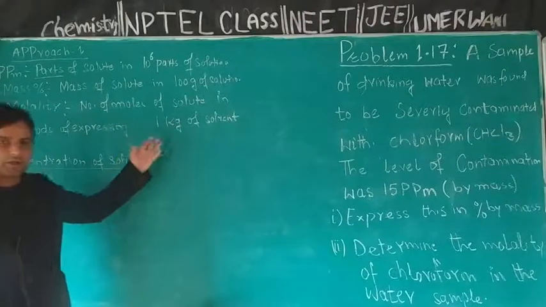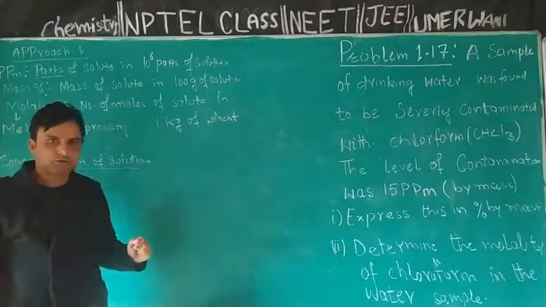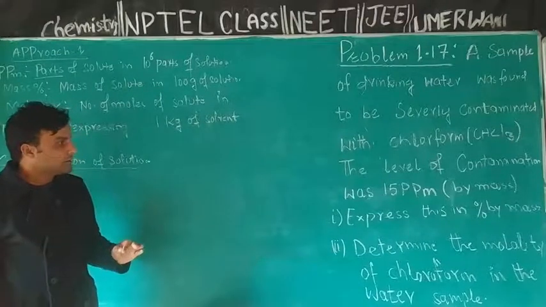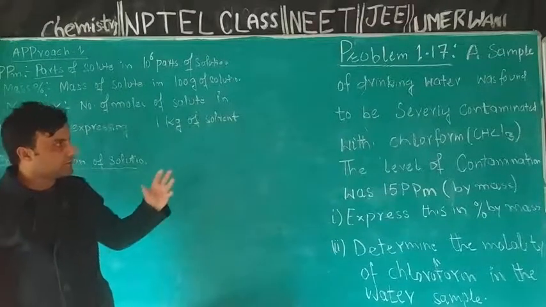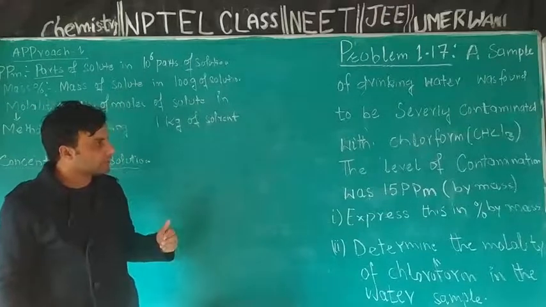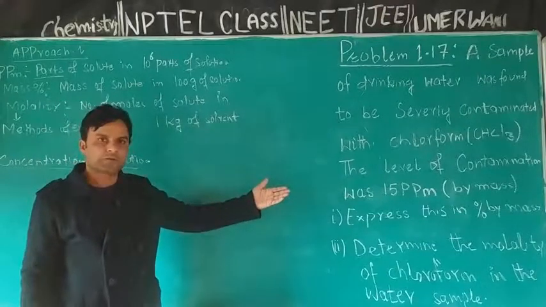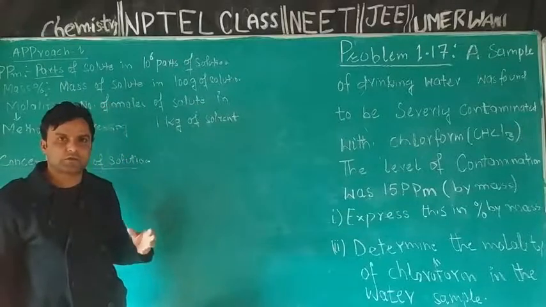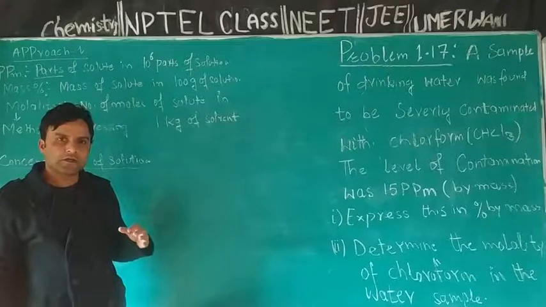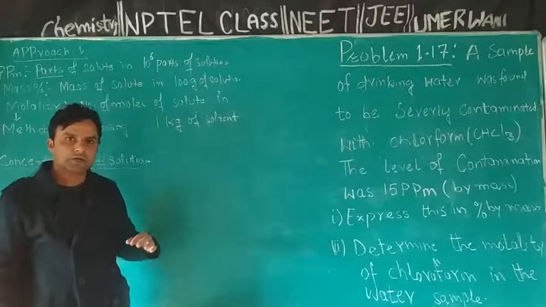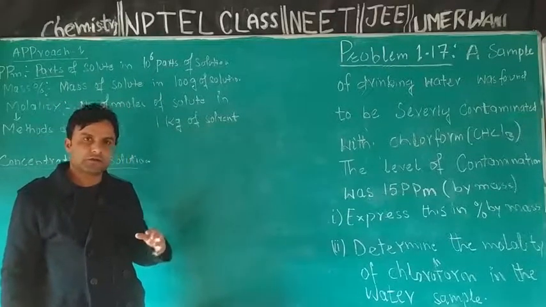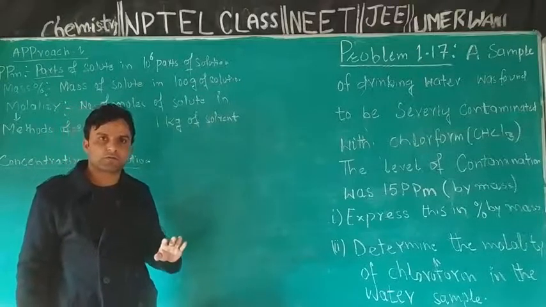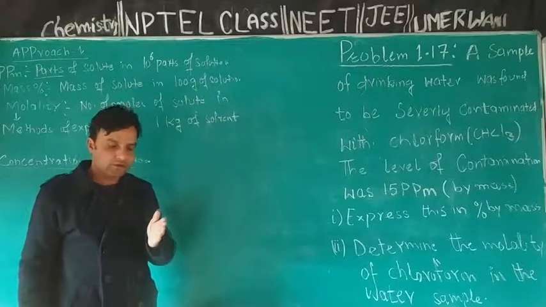And one more idea I wish to convey to you: solutions in which solute is present in parts per million are very dilute solutions, and in dilute solutions weight of solution and weight of solvent are almost the same, and volume of solution and volume of solvent are almost the same.